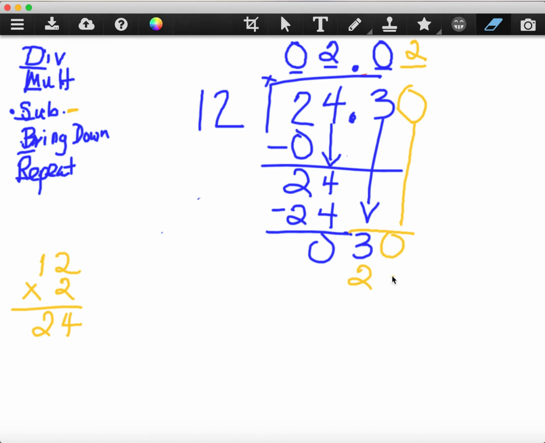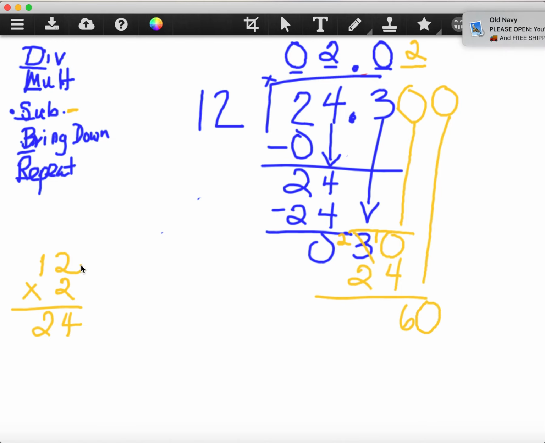Subtract, right? Those of you, don't forget, you've got to borrow. Oh, we're right back where we started, though. We've got another number. Well, I'm going to add another 0, so I'm not going to have a remainder. All right? Okay, and we say 12 times what might be 60? Well, if I did 12 times 2 is 24.